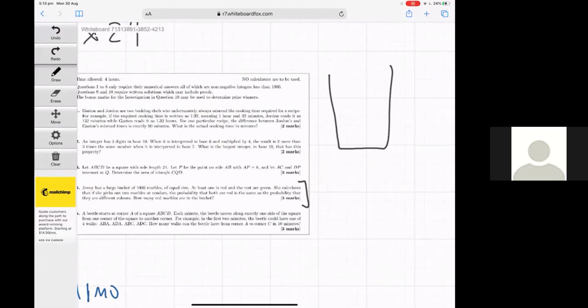At least one is red and the rest are green. So you've got some reds, at least one, and the rest are greens. She calculates that if she picks 2 out at random, then the probability that both are red is the same as the probability that they're different colors. And then we need to figure out how many red marbles. And there's 1,000 altogether.